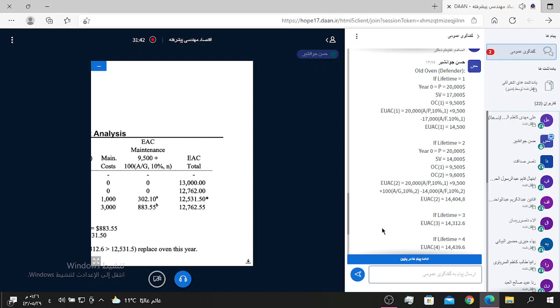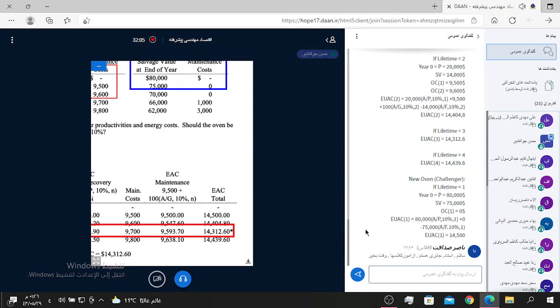If lifetime 2 for the Challenger, P has no change, but for 2 years we must consider these numbers.